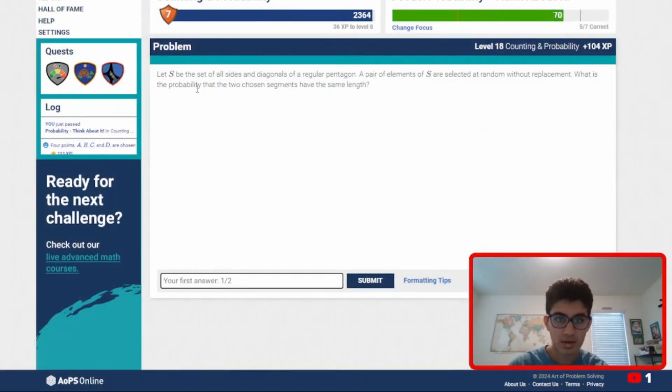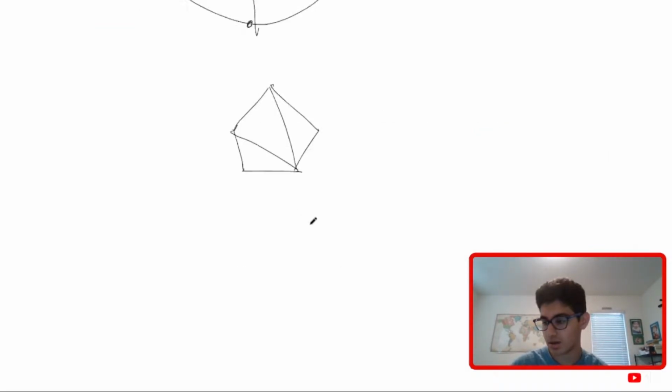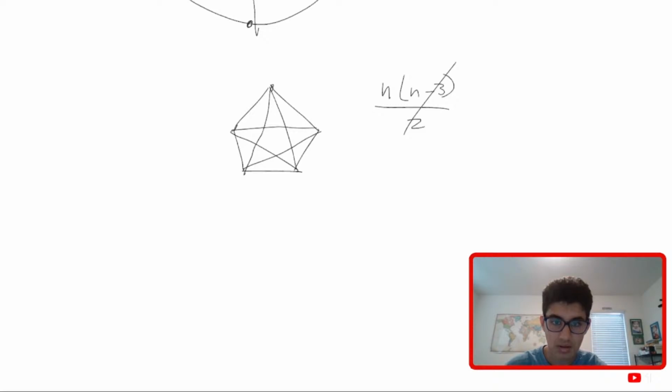Never mind. All sides and all diagonals. How many diagonals are there? Well, n times n minus 3 over 2. Are there just 5? Yeah, I think that's it. There are 5 diagonals. So you can either choose a side or a diagonal. Diagonals and sides are not the same length.